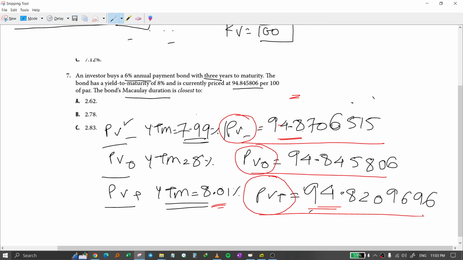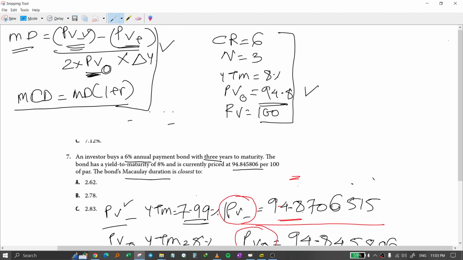Now, we're going to put these values into this formula: PV minus, minus PV plus, into 2 into PV0, into the change. The change should be in decimals. So 0.01% in decimals would be 0.0001. You should be using this number, right?